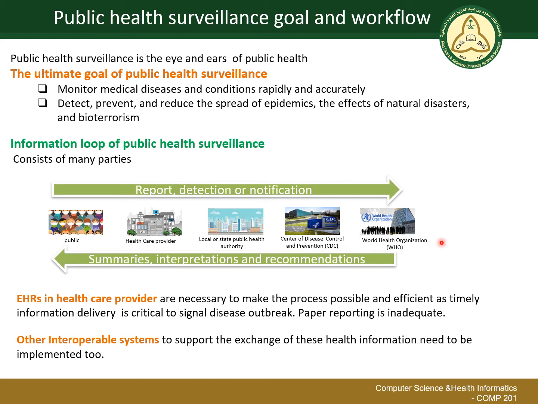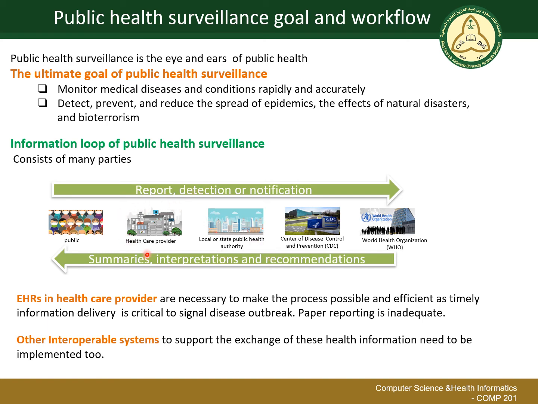Then the World Health Organization studies and provides summaries about the new coronavirus, their interpretation, and the number of cases, and they monitor the detected cases around the world and report to the Center for Disease Control and Prevention of each country, who will report it to their Ministry of Health and the local public health authority.